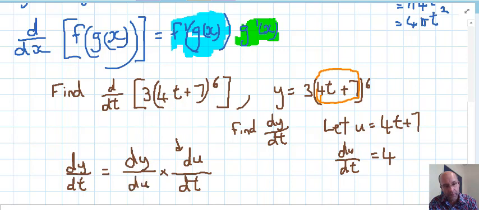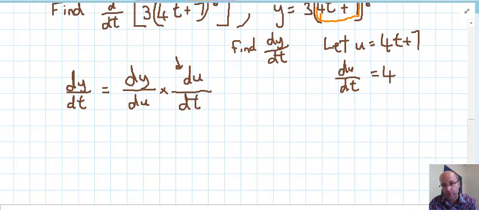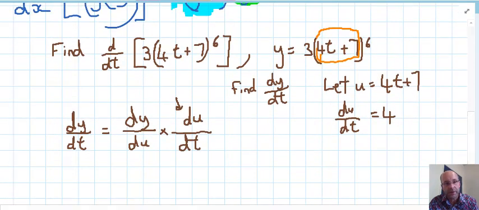So do we have something that relates y and u together? Well, we do. Once we've made this substitution here, we now can rewrite y again.